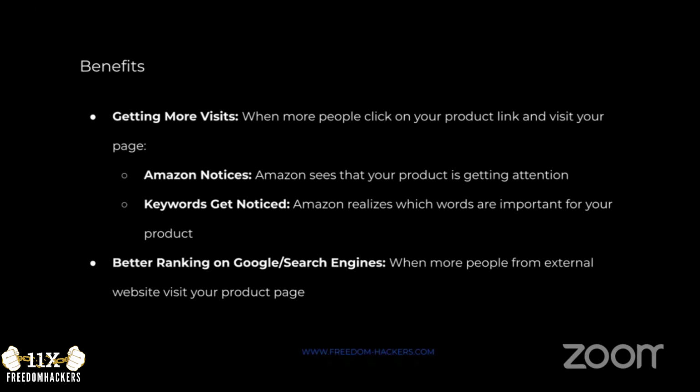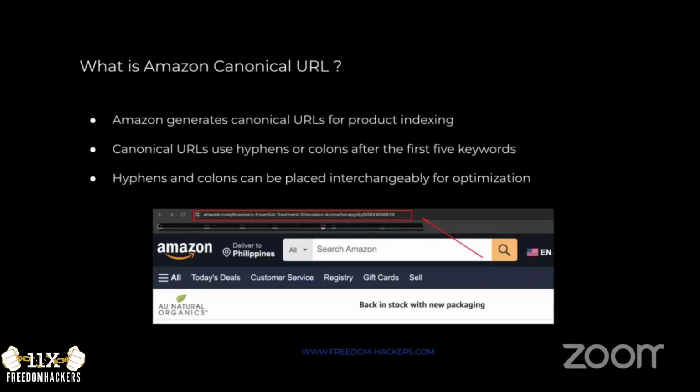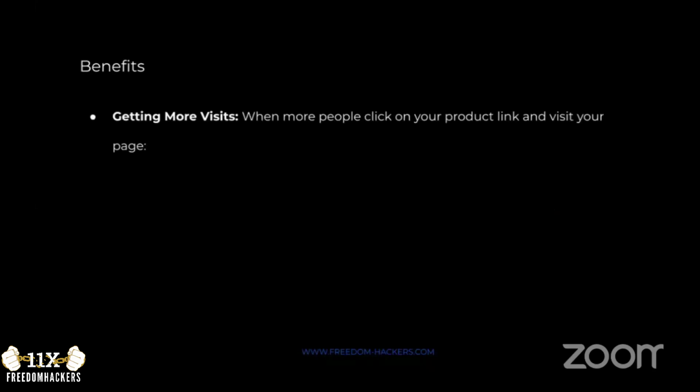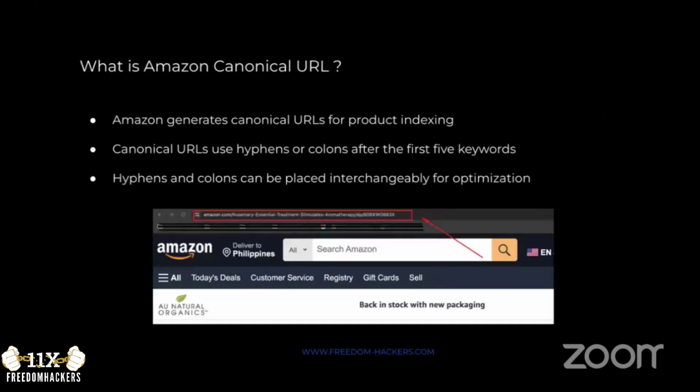And it's not only about Amazon, it's also about search engines like Google. When more people from external websites visit your product, it helps. If people are searching for, say, essential oil aromatherapy, it's very likely that Amazon is going to be there, because Amazon is the world's biggest product search engine.